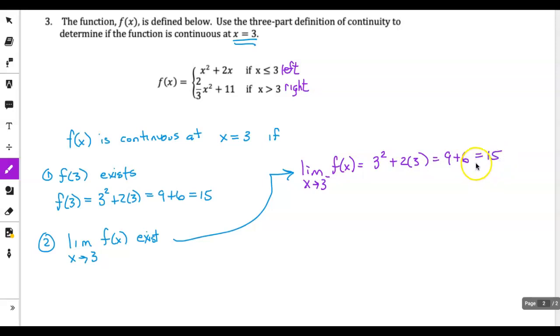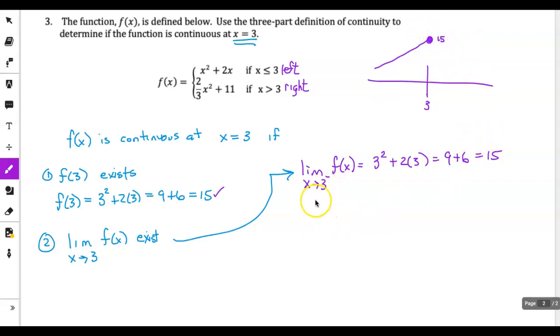So from the left, the graph is approaching 15. And we know it actually hits it, right? So here's 3. From the left of 3, the graph is going to go up towards 15, and it actually reaches it. And we know that from right there. Okay, so we'll say that this is 15.